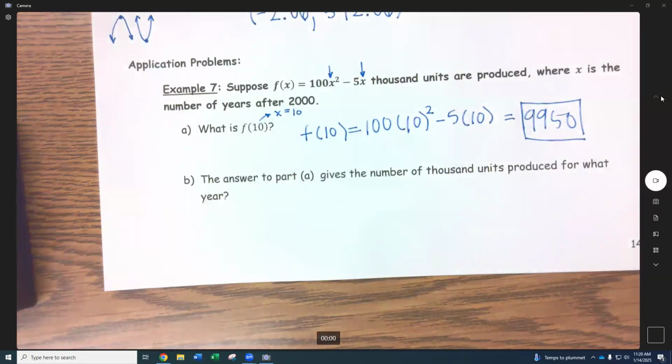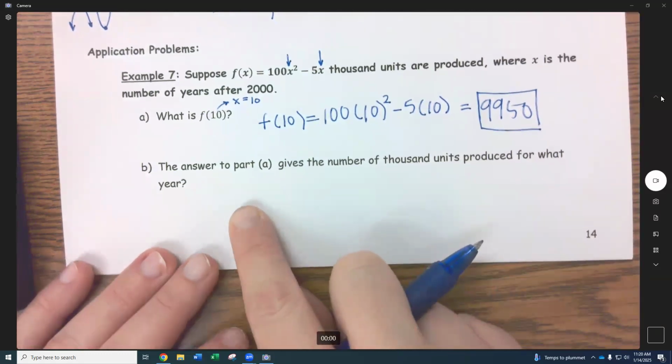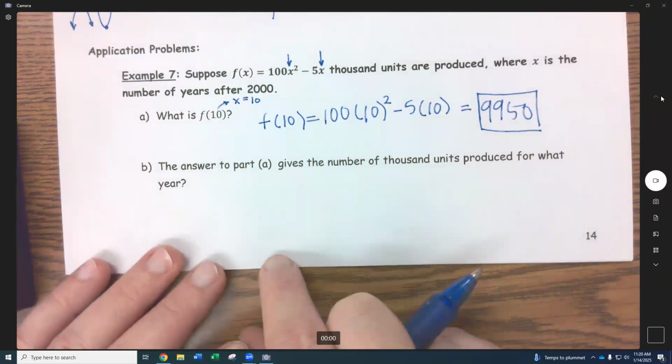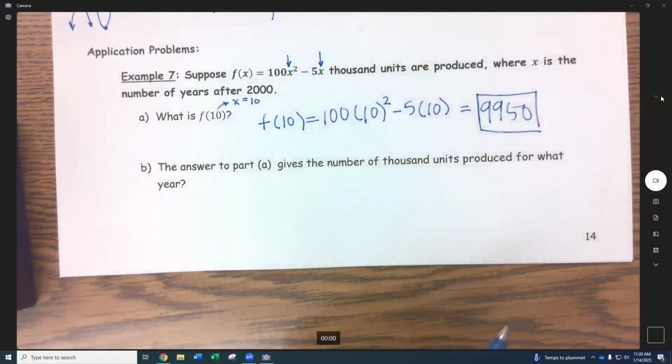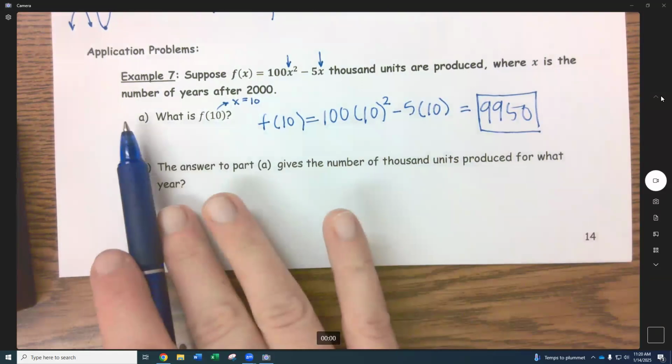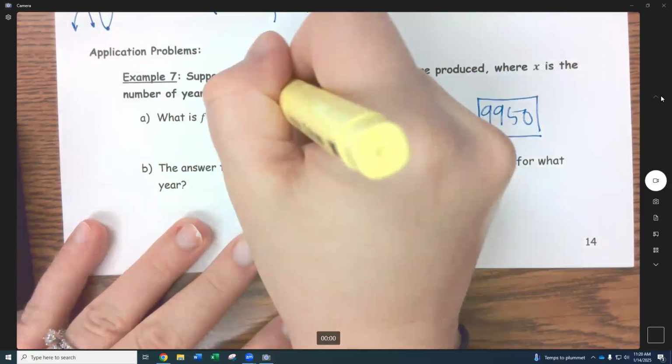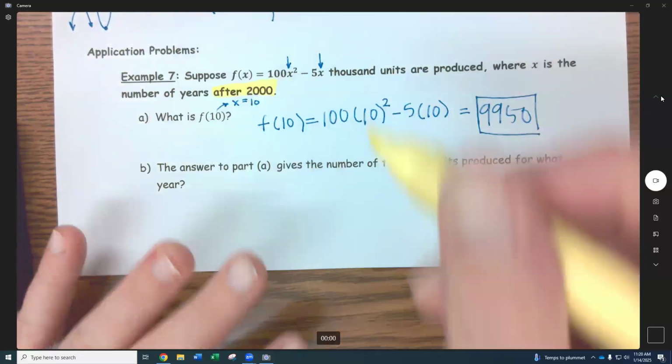Now, this is going to happen a lot. The answer to part A gives us the number of thousands units produced for what year? And it tells me up here what x equals. X equals the number of years after 2,000. The key word there is after 2,000.